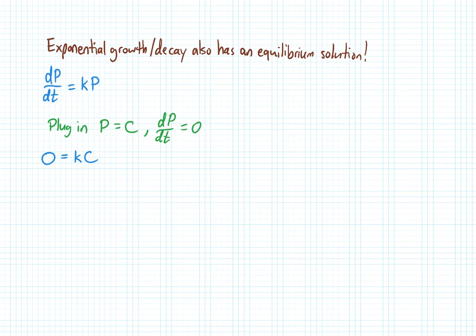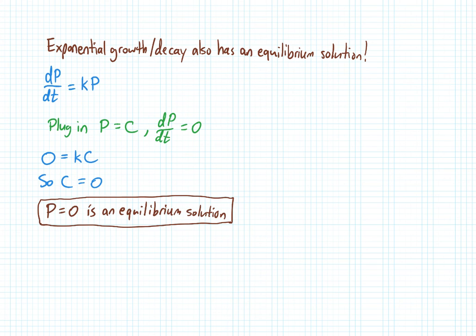And so when we do that, we get 0 is equal to k times c, and the result is that c has to be equal to 0. Note that I'm assuming that k is not equal to 0, because if it were, then this would be kind of a trivial equation to begin with. It would be where there isn't any growth or decay happening. And so the conclusion is that P equals 0 is an equilibrium solution.